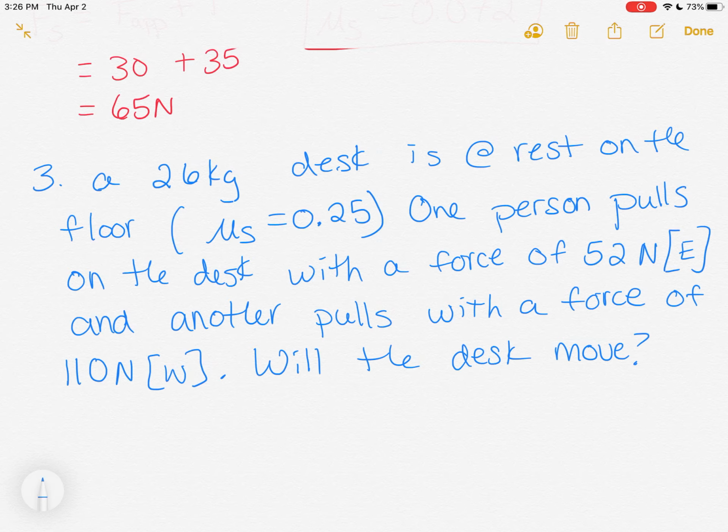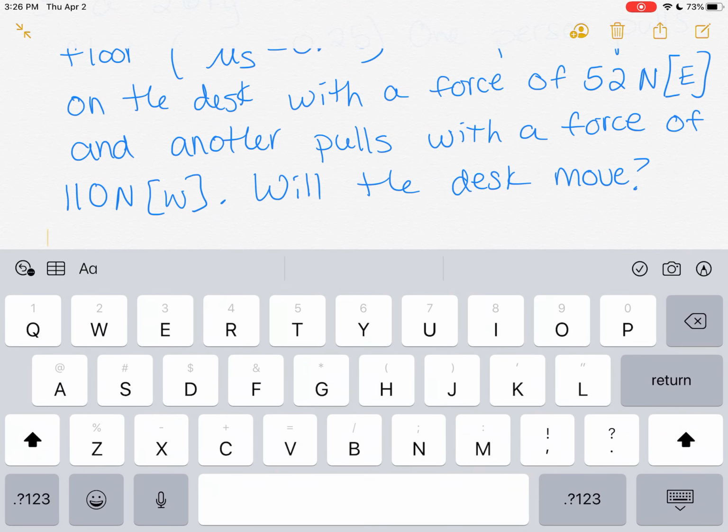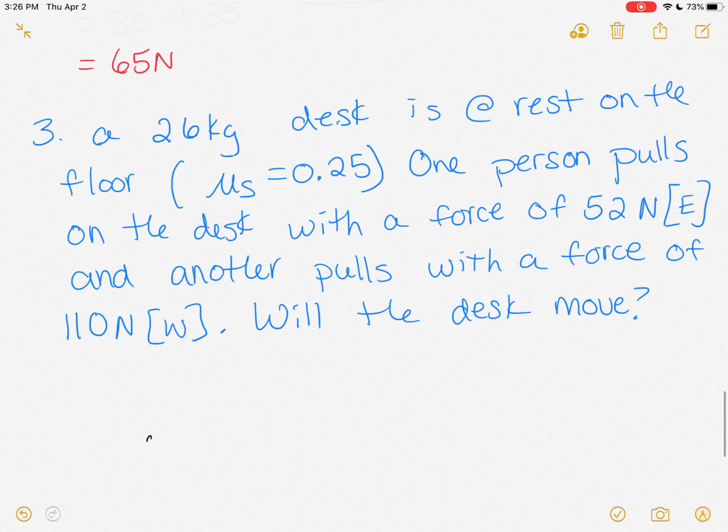So we have a person pulling the desk in one direction, a person pulling the desk in the other direction, and we want to know if the desk will actually move. Okay. So we need a free body diagram here. In our free body diagram, we know that our desk is going to have an Fn.